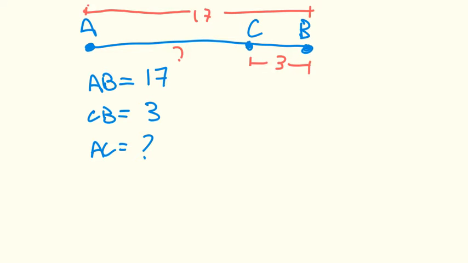So again, we set up our equation. AC plus CB equals AB. And then we do our substitution. We've got CB is 3. We've got AB is 17.